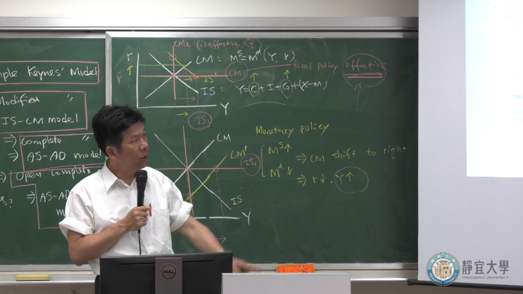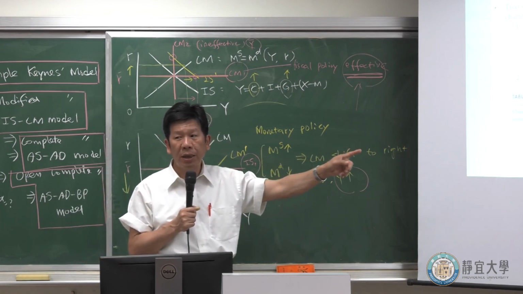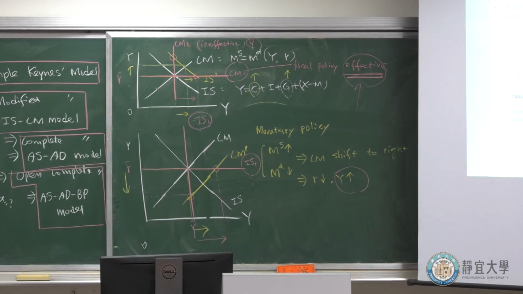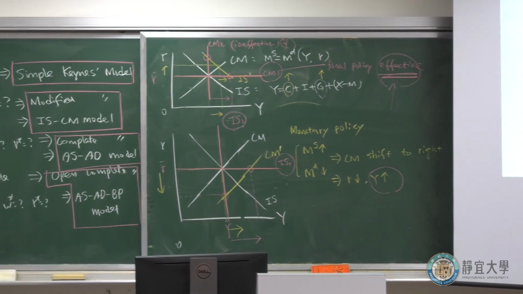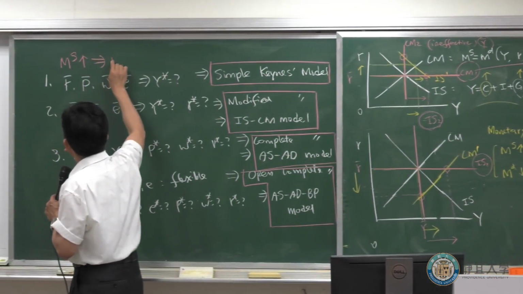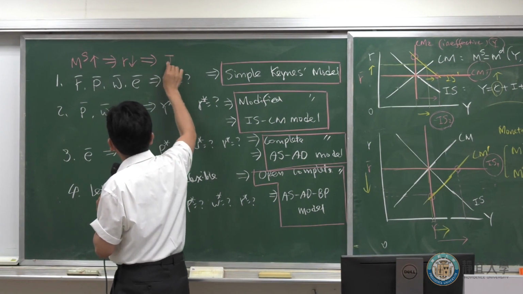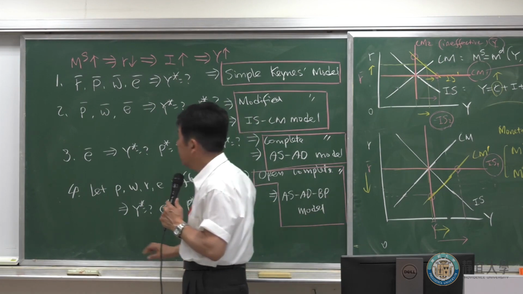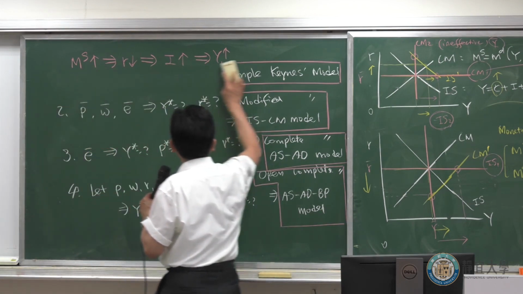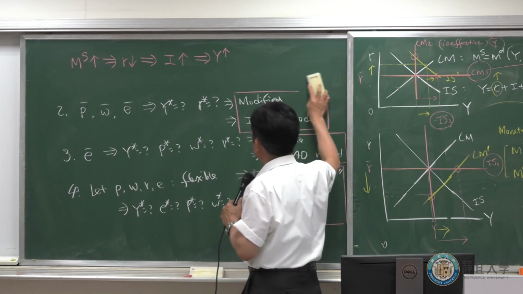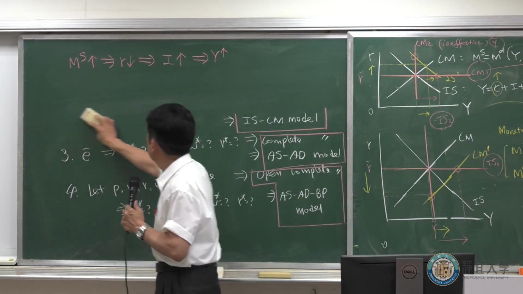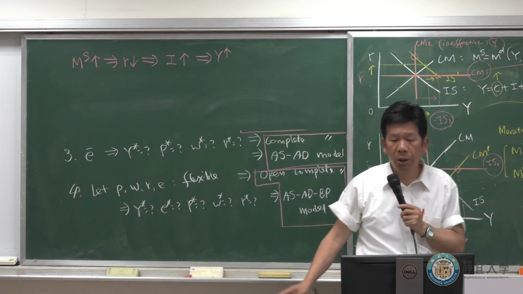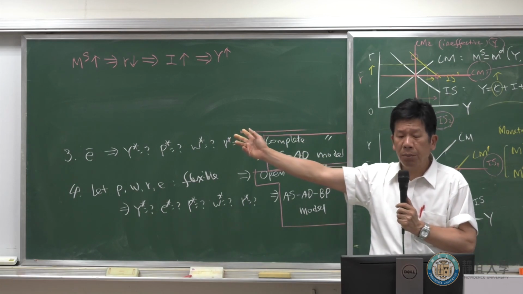Actually, we also mentioned before: the money supply increases, then the interest rate decreases, investment increases, and Y increases. This is the step by step, and we call it the transmission mechanism.